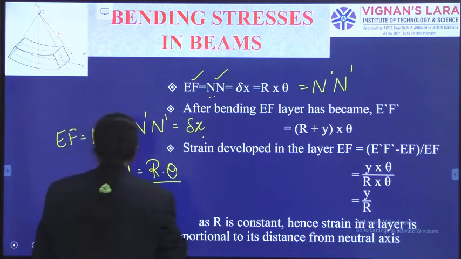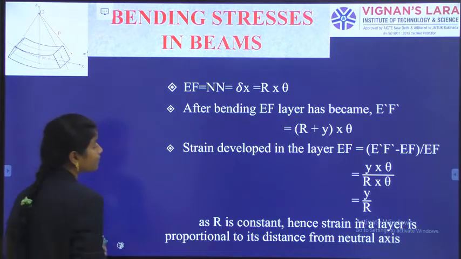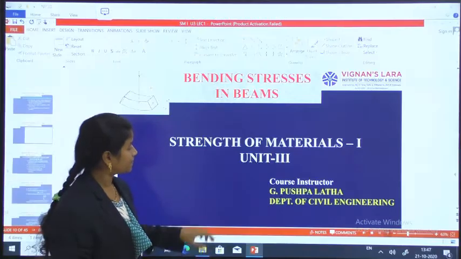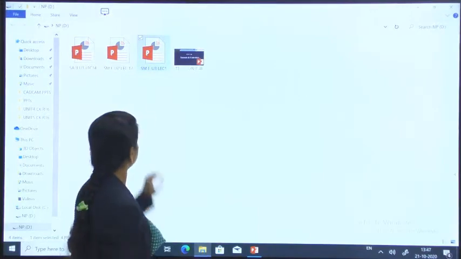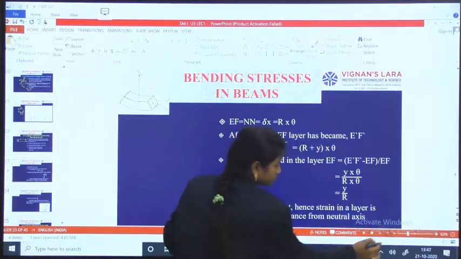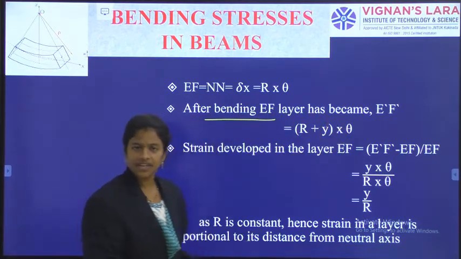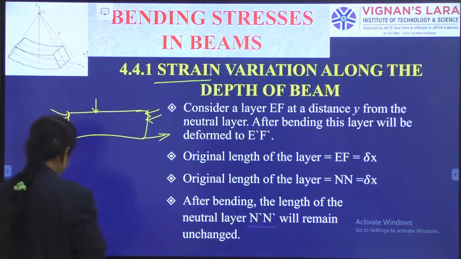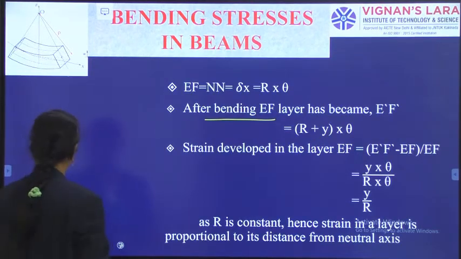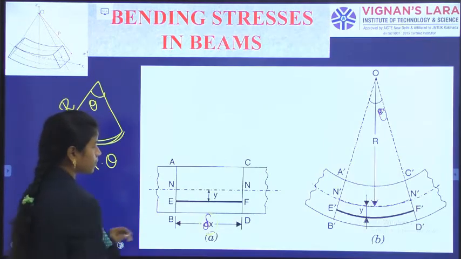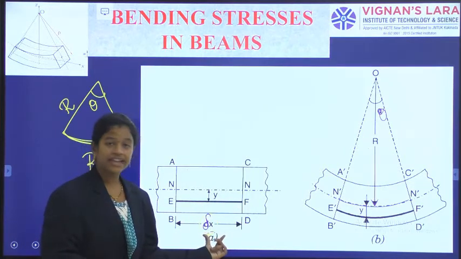Now, after the bending action, the EF layer has become E dash F dash, as we said initially. Initially, the EF layer has a length of delta x.